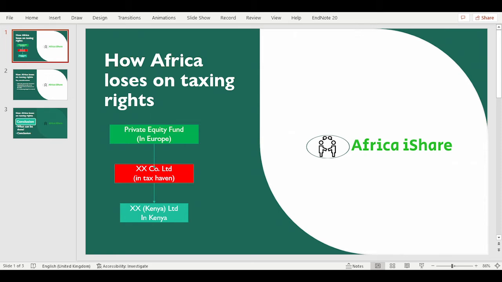Then Kenya will lease the use of that intangible, so Kenya will have to be paying the company in the jurisdiction with a favorable intangibles regime. That way, you get a lot more money out of Kenya without taxing it. Or even if it's taxed in Kenya, when it goes to the tax haven or the favorable jurisdiction, there's no tax there.